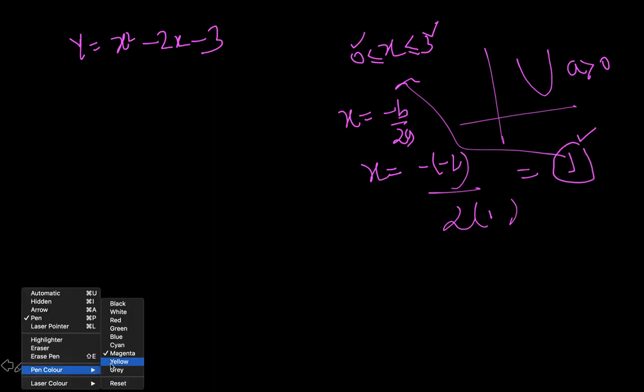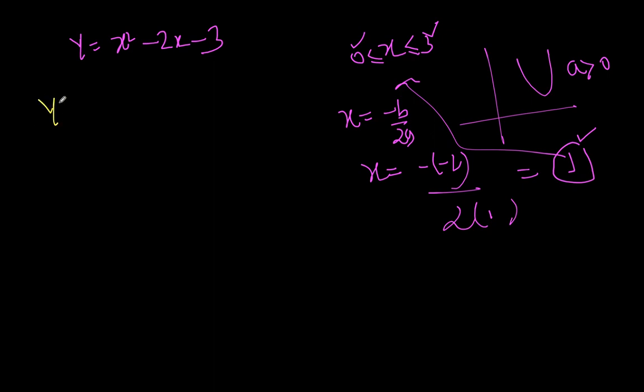Let's put y of 0 first. If you put 0 in this equation, you will get minus 3. If you put 1 in this equation, you will get 1 minus 2 minus 3, which gives you minus 4.